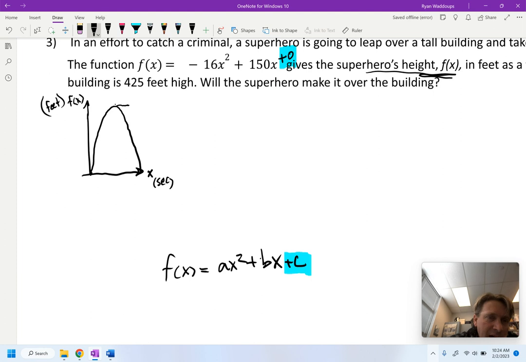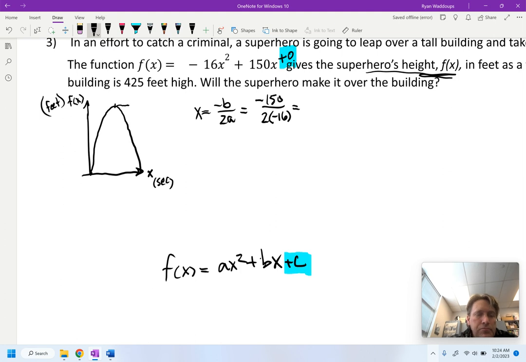So we need to know this maximum. So we're going to go once again to x equals negative b over 2a. B is negative 150. I'm sorry, b is 150, so it's the negative of that, negative 150, over 2 times a, and a is negative 16. And plug that in, do the calculation.